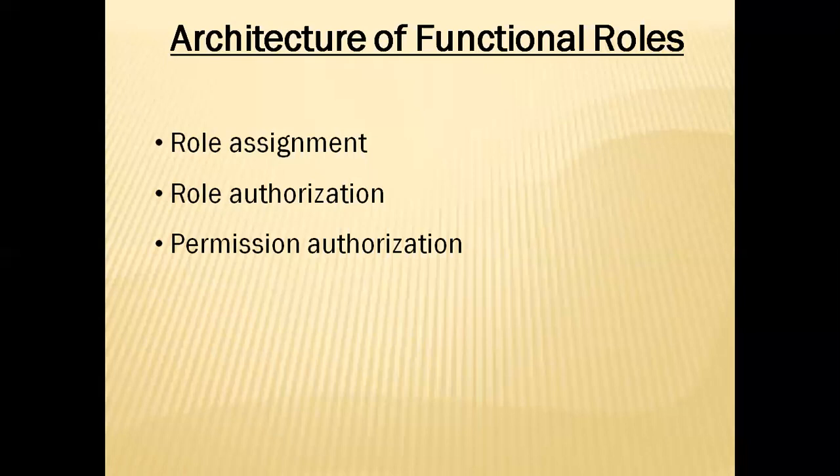Here, a user can exercise a permission only if the permission is authorized for the user's active role, which is the first two parts, role assignment and role authorization. With the rules of assignment and authorization, this rule of permission authorization ensures that users can exercise only permissions for which they are authorized. Even that authorization is limited, as I said, since we are using RBAC, role-based access control.